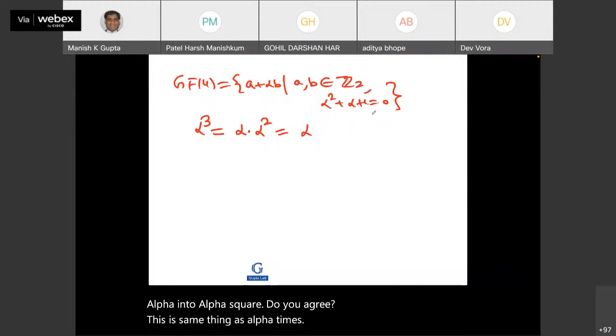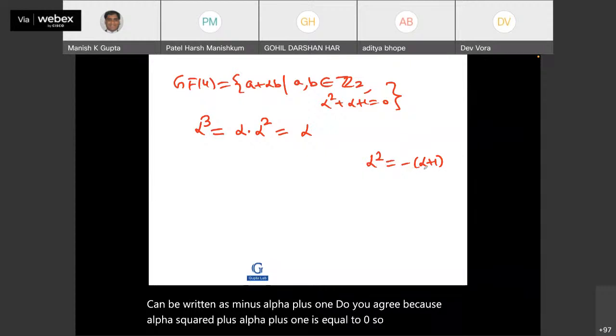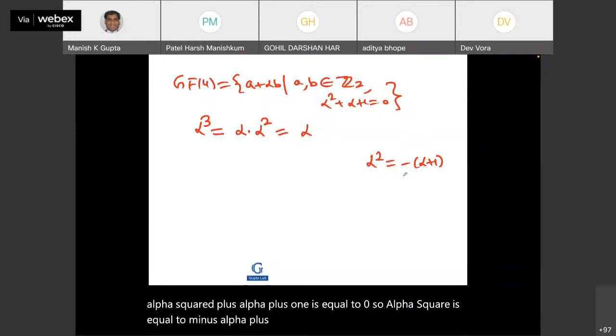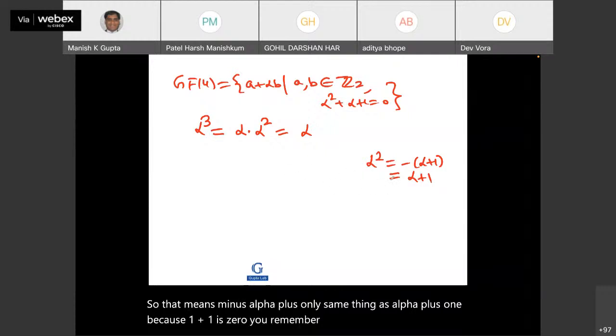Now from here, since alpha square can be written as minus alpha plus 1, do you agree? Because alpha square plus alpha plus 1 is equal to 0, so alpha square is equal to minus alpha plus 1, right? So that means minus alpha plus 1 is the same thing as alpha plus 1, because 1 plus 1 is 0 here, if you remember, right?